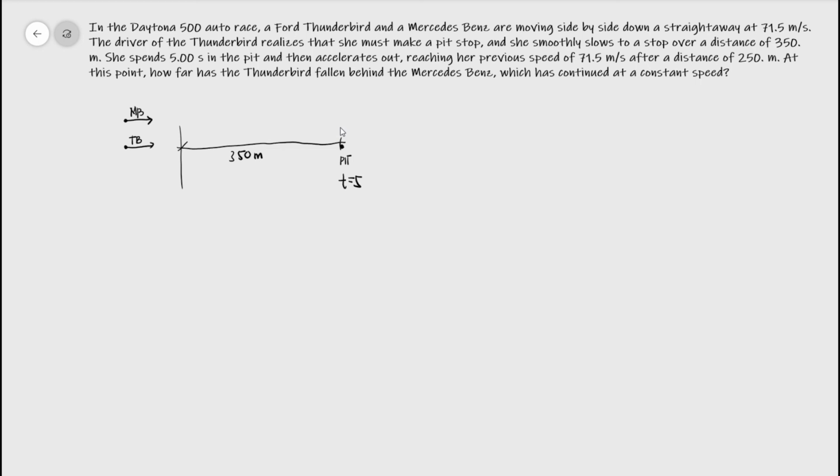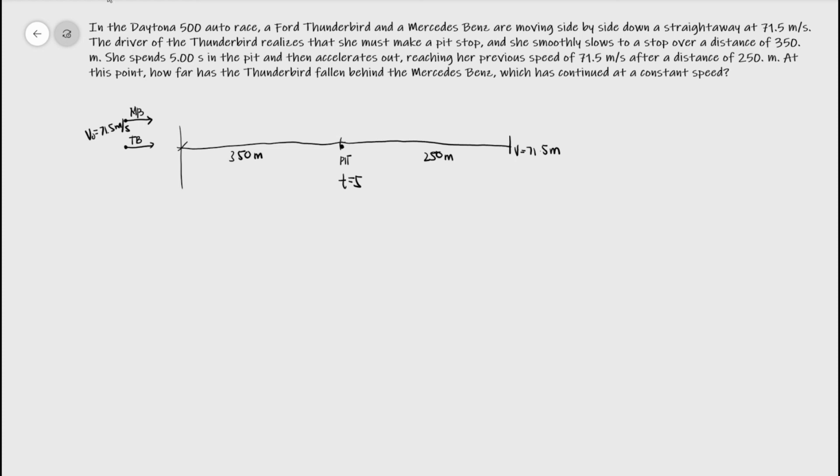Then after 5 seconds, she accelerates again. She accelerates over 250 meters, wherein after 250 meters, she reaches her speed again, which is equal to 71.5 meters per second. Okay, for this problem, the speed of both the Thunderbird and the Mercedes at this point is 71.5 meters per second.